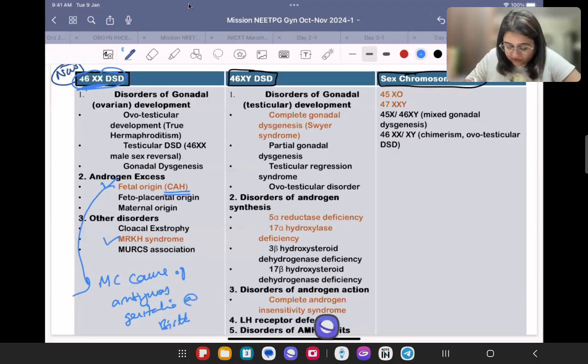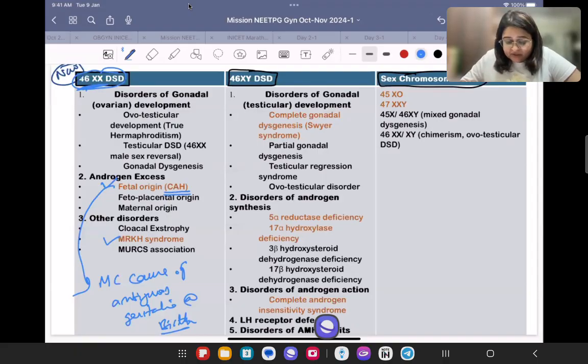I do not know, but I think it should be discussed in pediatrics and maybe medicine. If not, it's an important area from INICET. But I am not discussing it here because I think it would have been discussed in endocrinology in either pediatrics or medicine. Has it not been covered? Let me know.